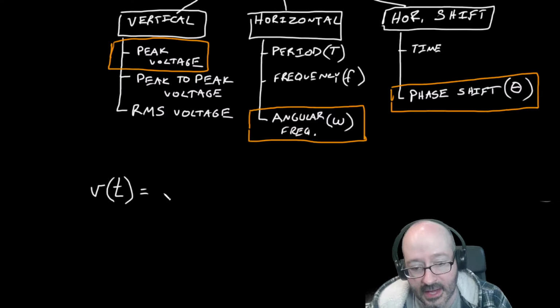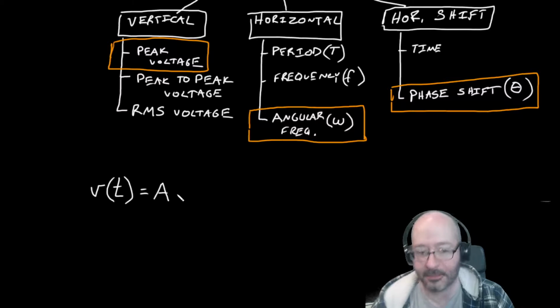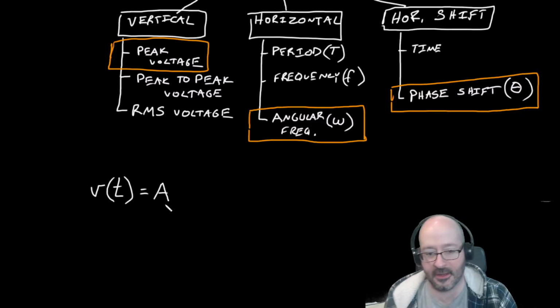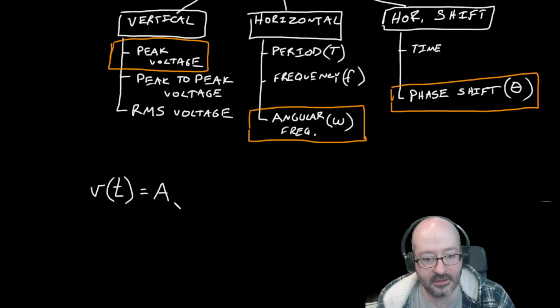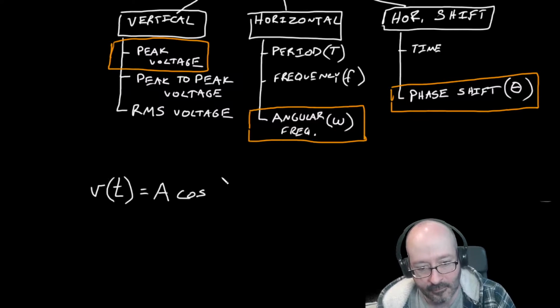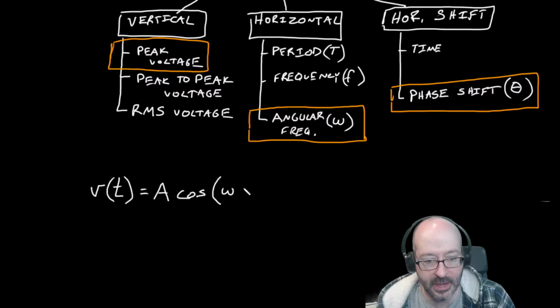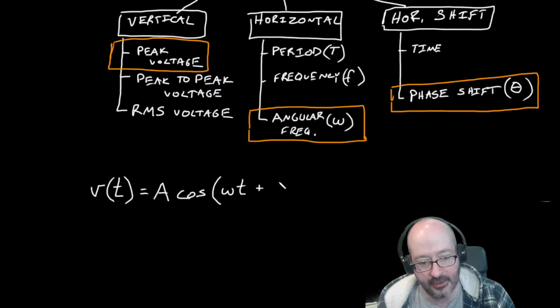Okay, and we can say, well, it's got some amplitude, and that's going to be in volts in this case, and it's a cosine, and inside that cosine there's a frequency, omega, and we multiply that by t, right, because this whole thing has to be a function of t, that we see there. And then to shift it, we add an angle, plus theta, like that.